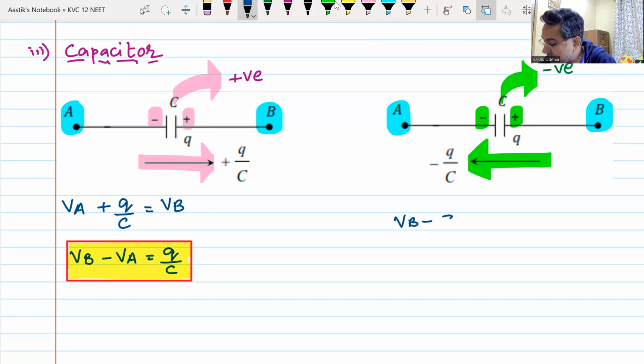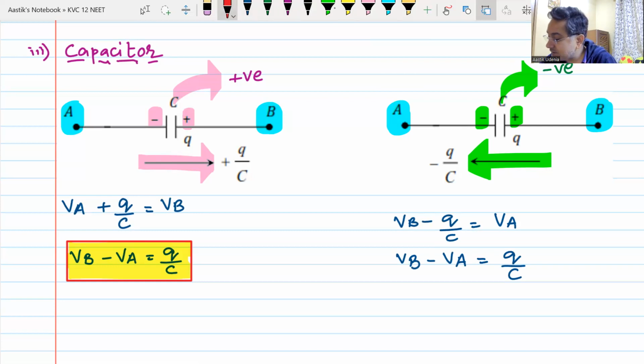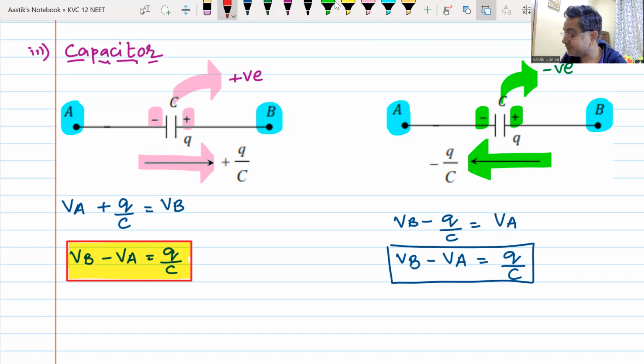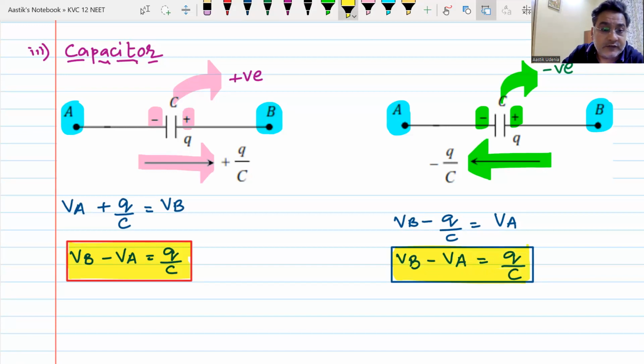VB minus Q by C is equal to VA, or I can write VB minus VA is equal to Q by C. Do we understand this? Now, as you can see, it doesn't matter from where to where you move. The answer still remains the same. Yes or no?